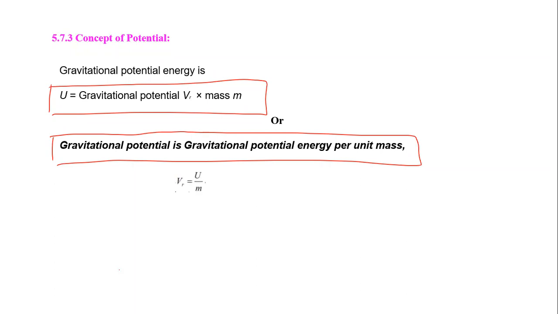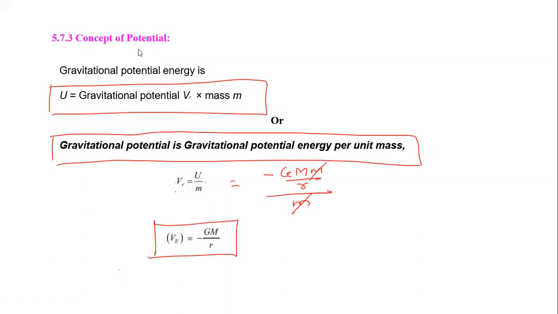So we can write the formula V is equal to U by m. Now by substituting the formula of U, it is minus GMm divided by r, divided by m. This m gets cancelled. You get minus GM by r, and this is the expression for gravitational potential.